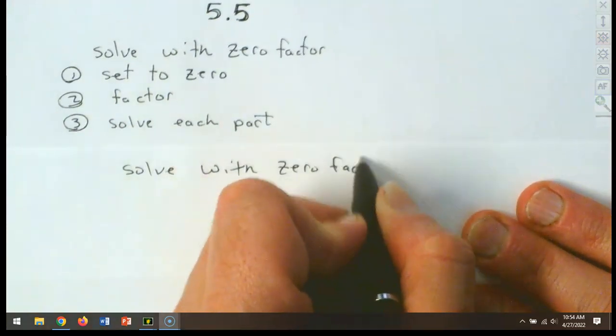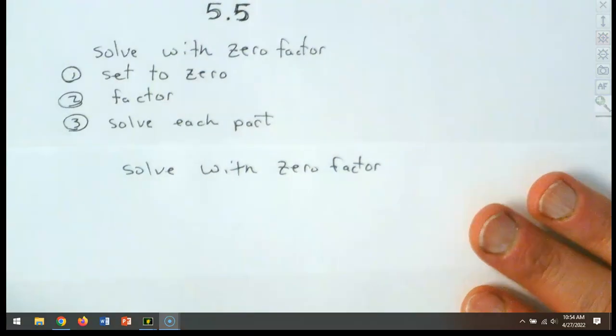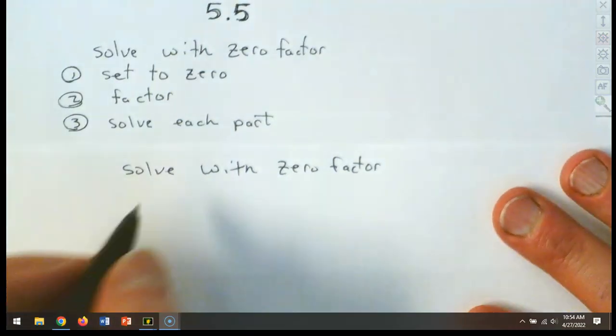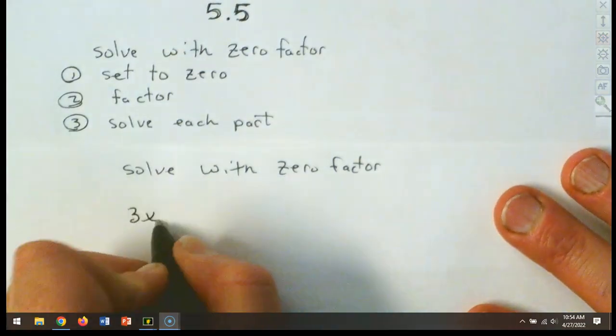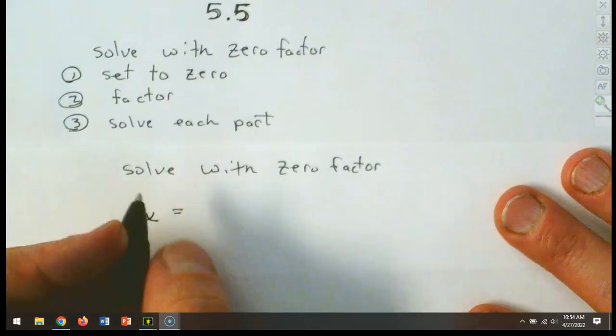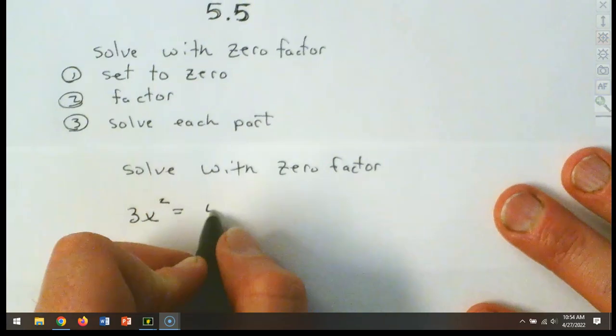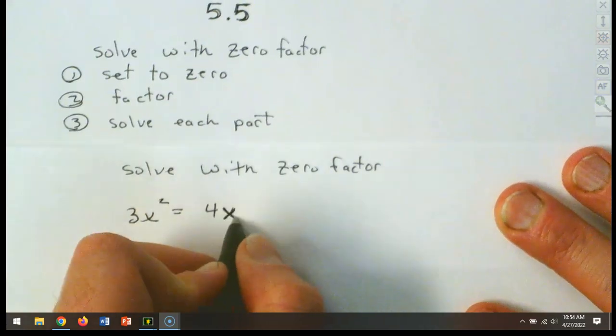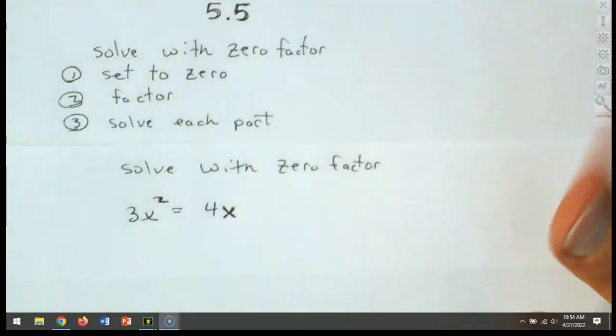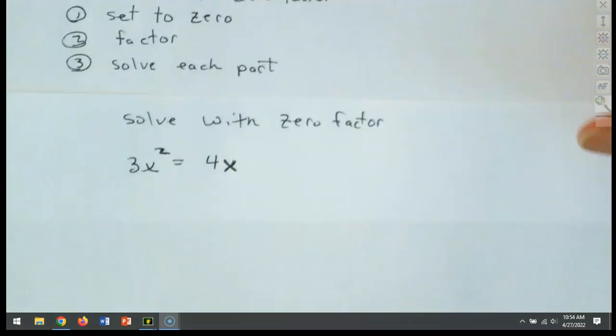So I'm going to make an easy one up before we start looking at questions from the textbook. So I'm going to give you this one to work through and solve.